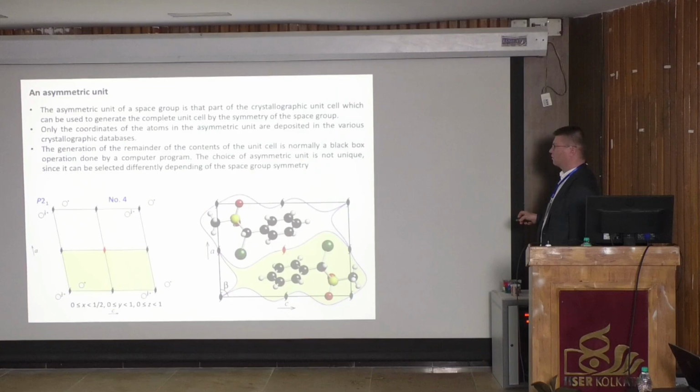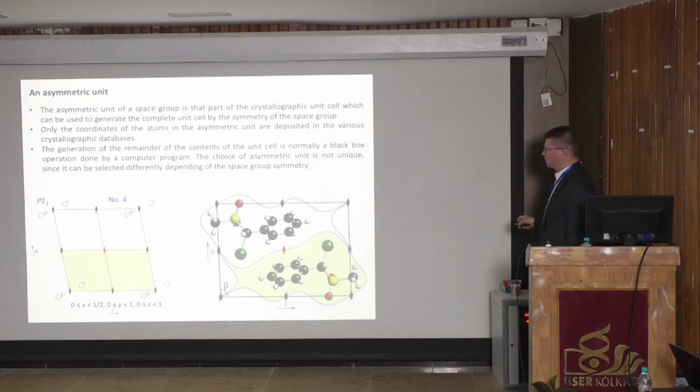Here we have a unit cell like that, and in this unit cell we have 2 molecules. If we look at the symmetry operation, it's P21, so it's a 2-fold screw axis. So this molecule here is related to this molecule by this symmetry operation.